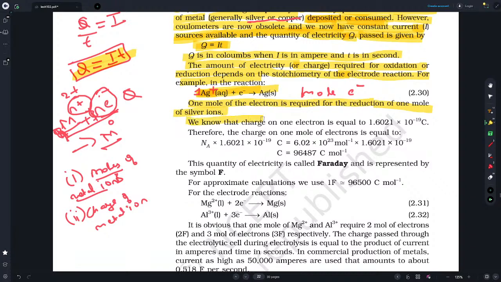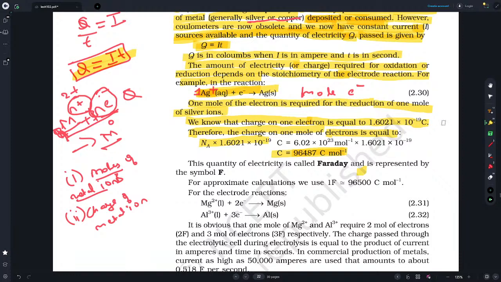We know that the charge on 1 electron is equal to 1.6 times 10 power minus 19 coulomb. Therefore, the charge of 1 mole of electron is equal to Avogadro's number times the charge of an electron, which we call Faraday's constant. It is 96,487 coulomb per mole.